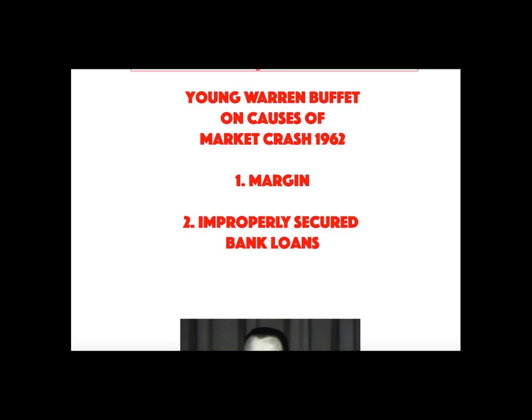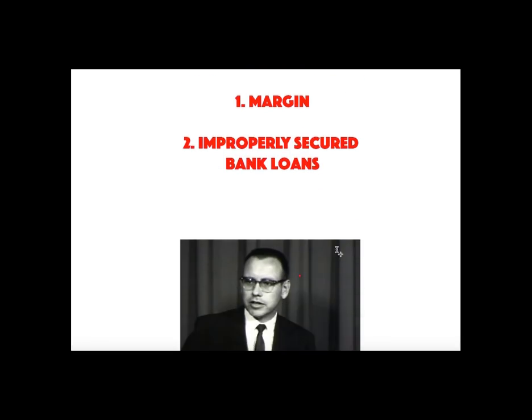And with the sell-off that we have seen last week, March 19th through the 23rd, it's very interesting that if the market keeps falling again on Monday, the 26th of March 2018, then this situation could cause the markets to sell off even further. And the second reason he gives for the market crash in 1962 is improperly secured bank loans. So let's take a closer look.